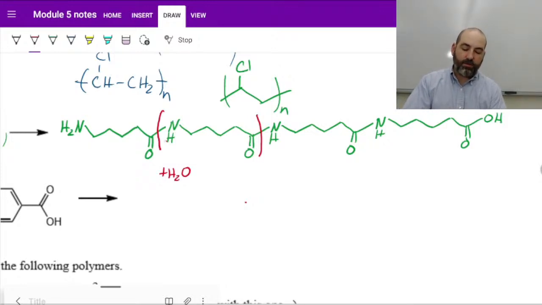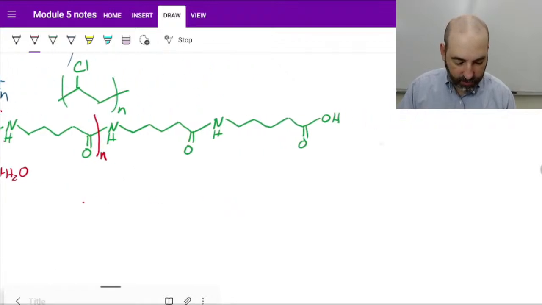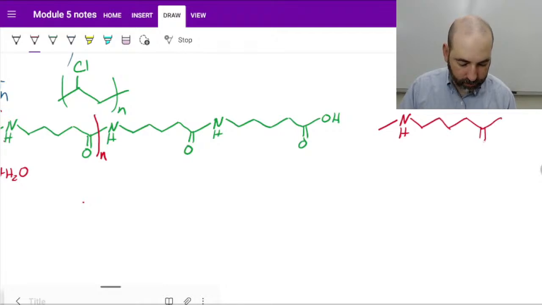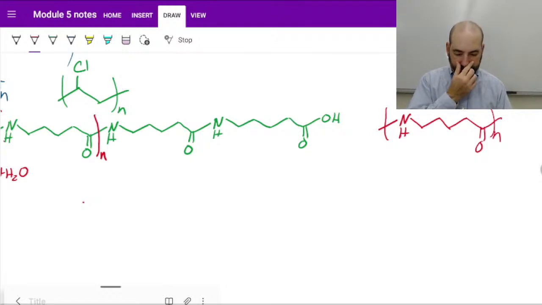So we can say where we make that bond, that's where we're doing the repeating. So anything in between those newly made bonds is part of that repeat unit. And so then if we redraw it, we'd have something like this.